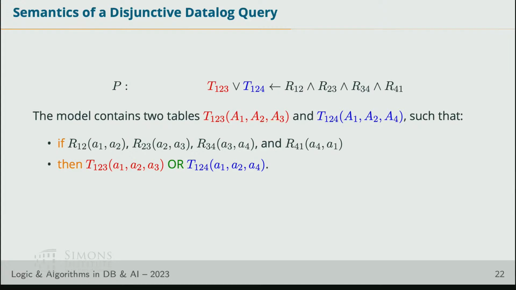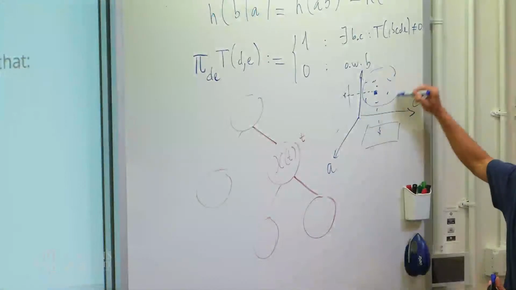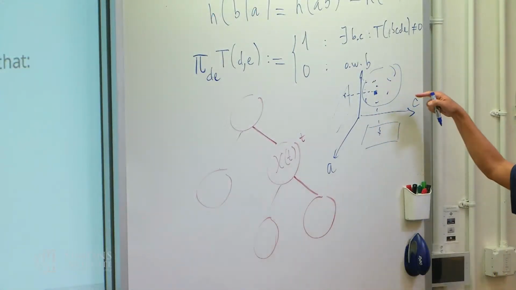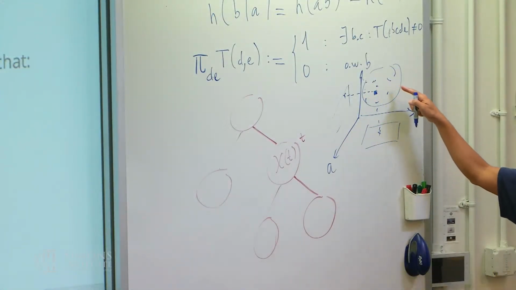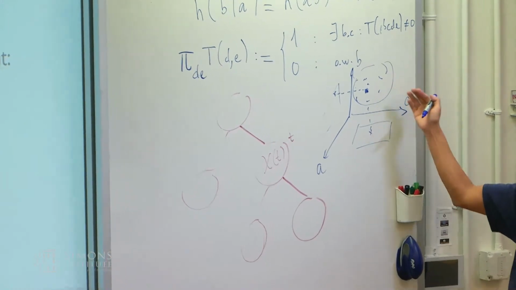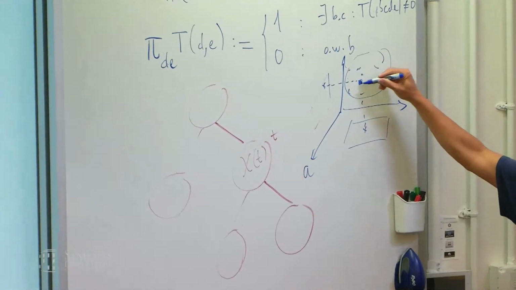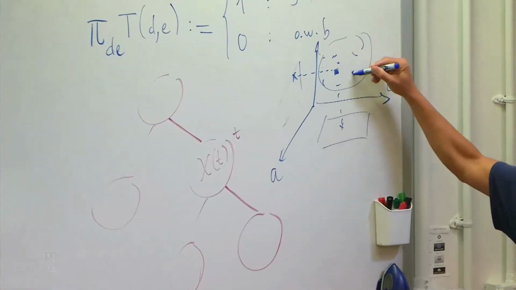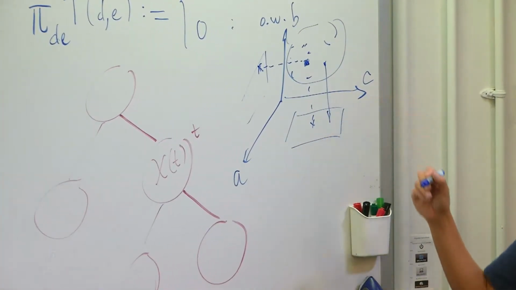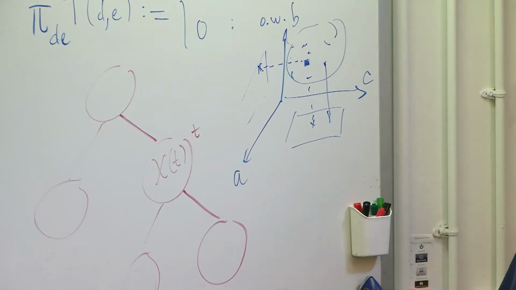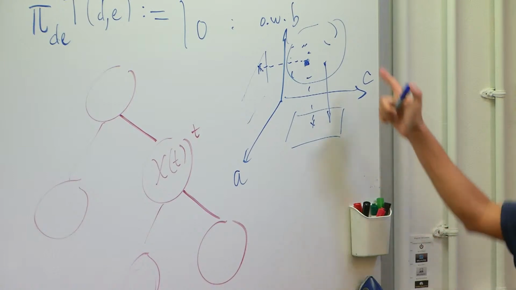So that's the semantic of the disjunctive datalog rule. I have a bunch of points in 3D, like this body here. But then I will somehow record the existence of those points by doing this: for this point, I will store this, let's say. For this point, I want to store that shadow, and so on. And that is in some way a compression of the 3D points.